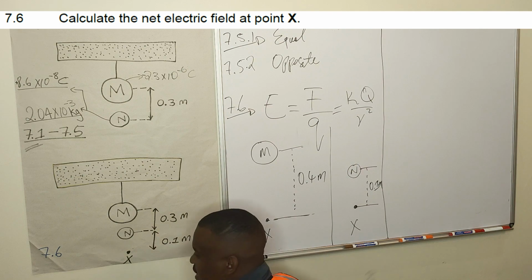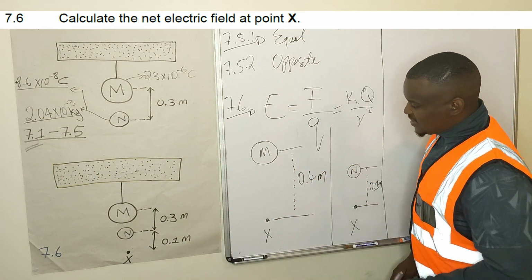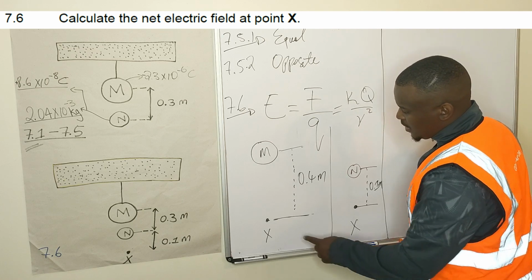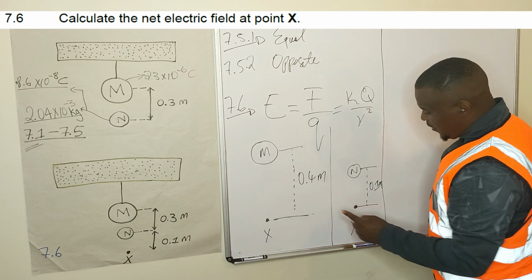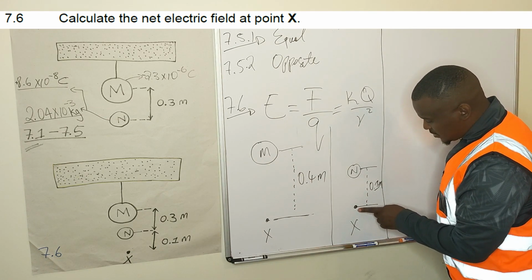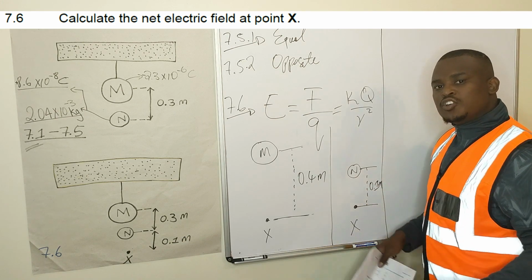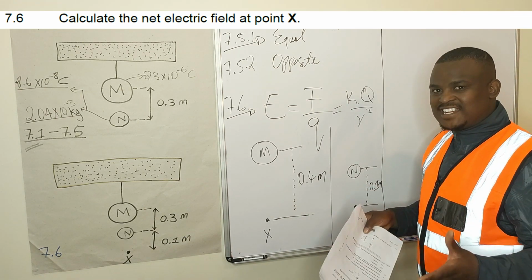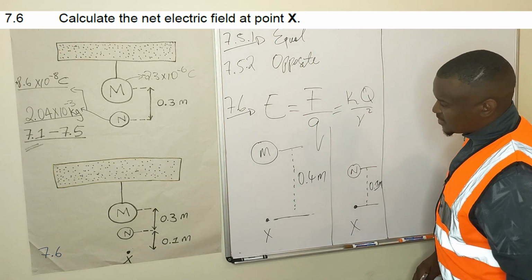If we want the net electric field, we must find the electric field at point X due to M, and find the electric field at X due to N, and then you add the two to find the net electric field. I'll repeat this.